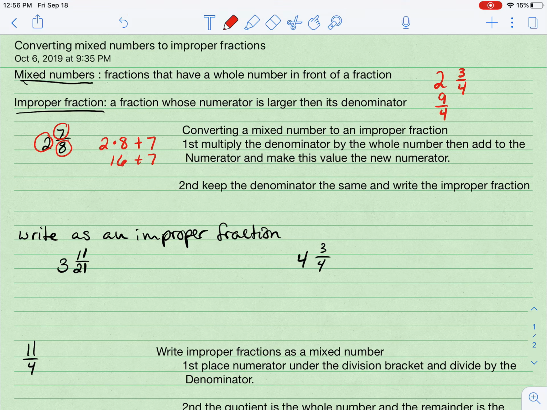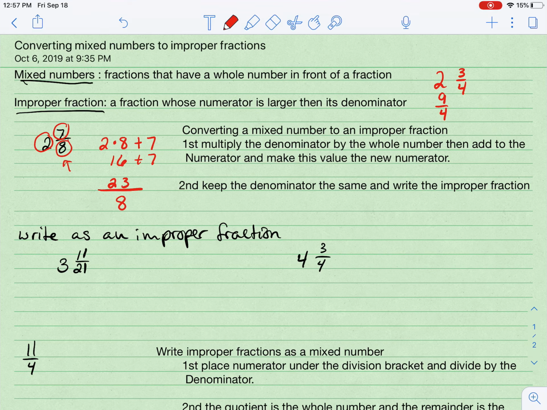Now we add these together and we get 23. So this becomes our new numerator. Second, we keep the denominator the same and write the improper fraction. Our denominator here is 8, and that's just going to stay the same. So now we have rewritten this mixed number as an improper fraction. The top is bigger than the bottom.